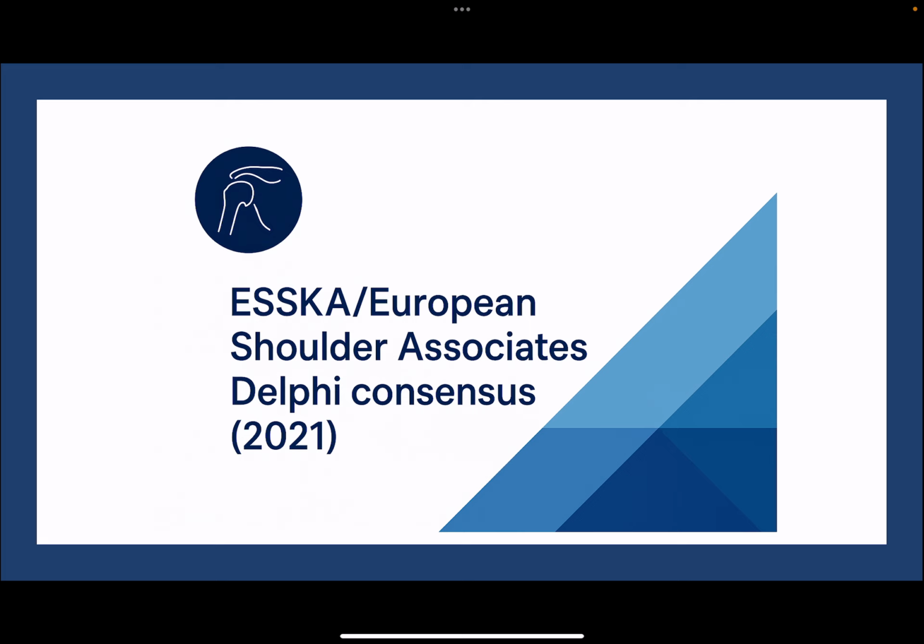According to the European Shoulder Associates Delphi consensus, AC joint injuries are classified as acute if they occur within 3 weeks, and chronic if they persist beyond 3 weeks.